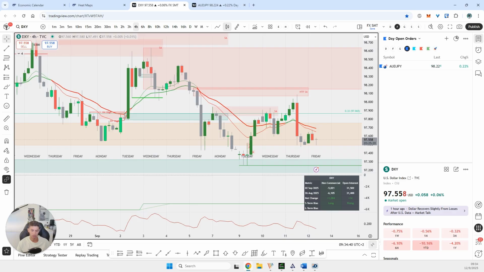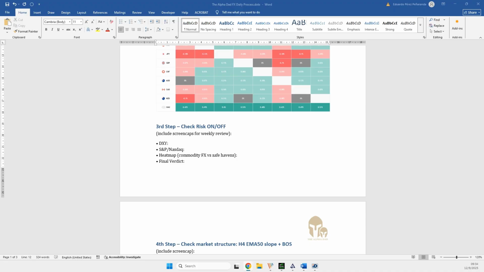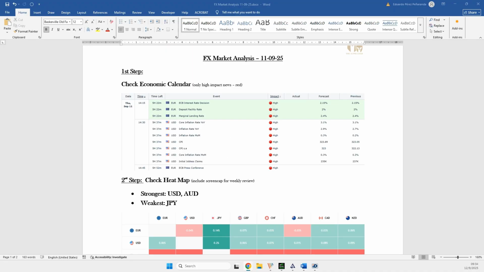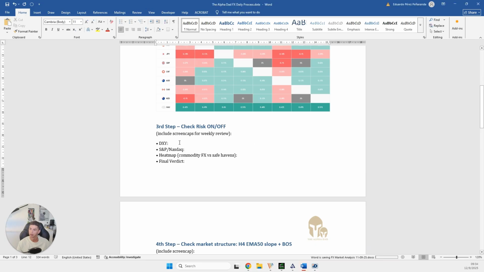Because the dollar is considered a haven. So if it's down, then capital is being allocated to risk assets, to more volatile assets. So here, in matters of Dixie, risk is on.